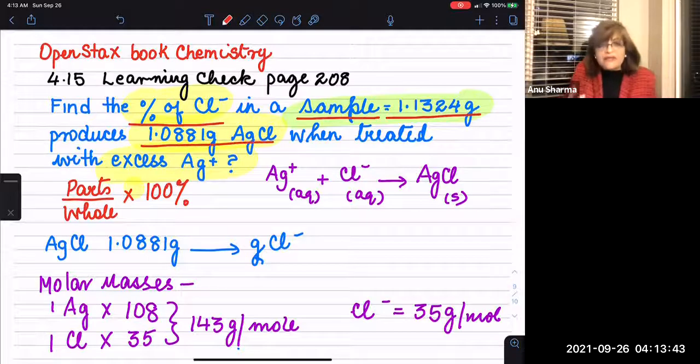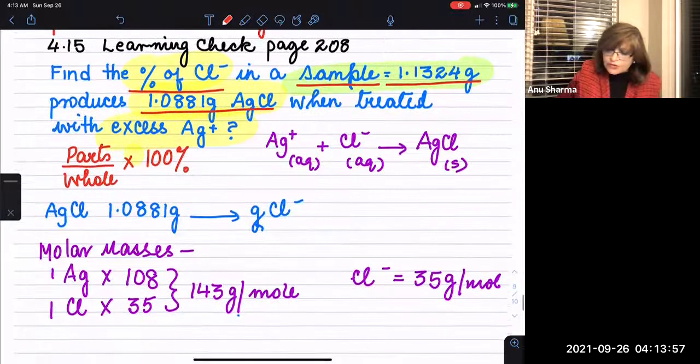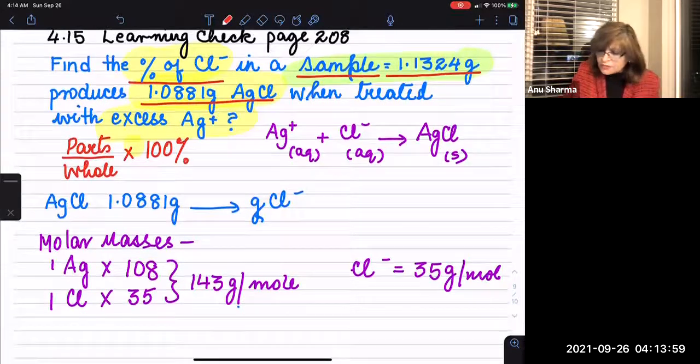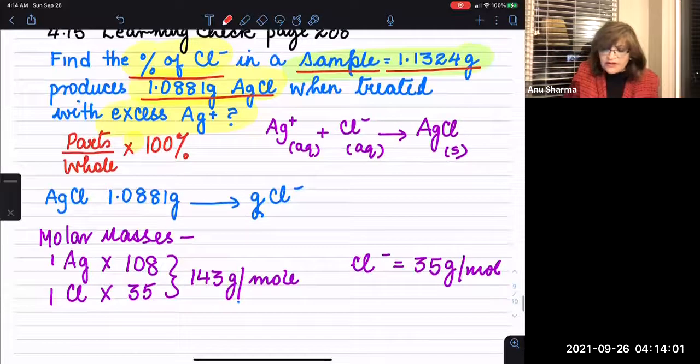So we are not getting the chloride ions, but we're getting silver chloride. And the silver chloride is the medium through which we will determine how many chloride ions are present. So it's a simple stoichiometric conversion. So here overall it's a parts to whole problem.